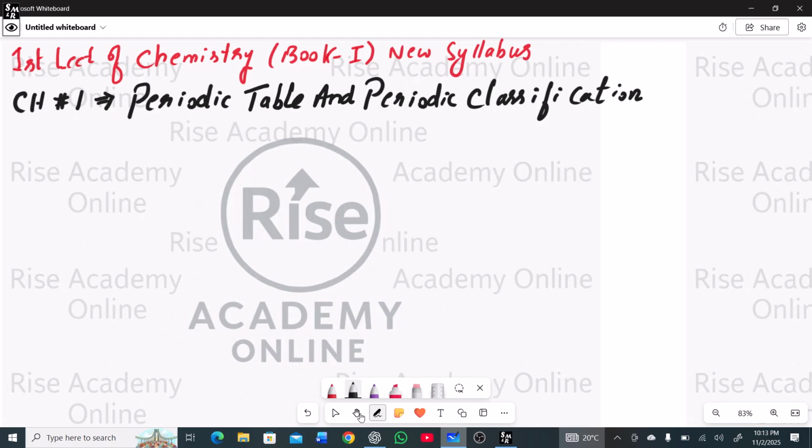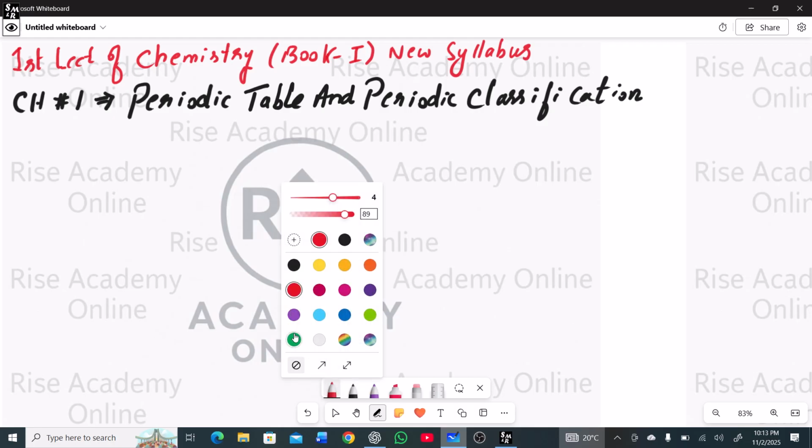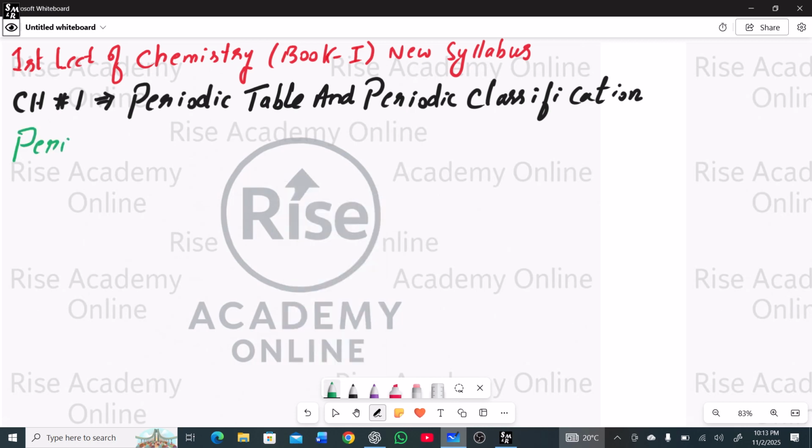In the very first step, we will define what is a periodic table.